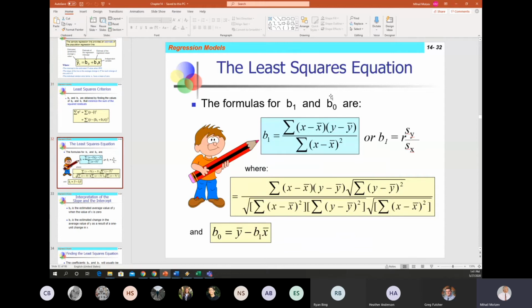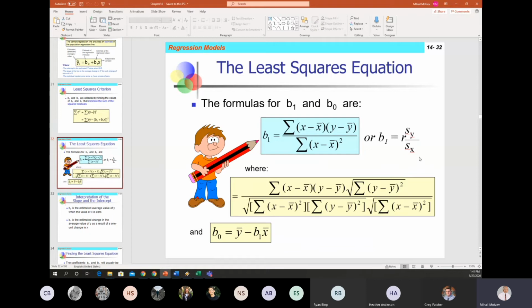I'll stop for a second, not even a minute, at the formula that we can use to compute the slope. As you can see, it's a function of the correlation coefficient and the standard deviations of the two variables.